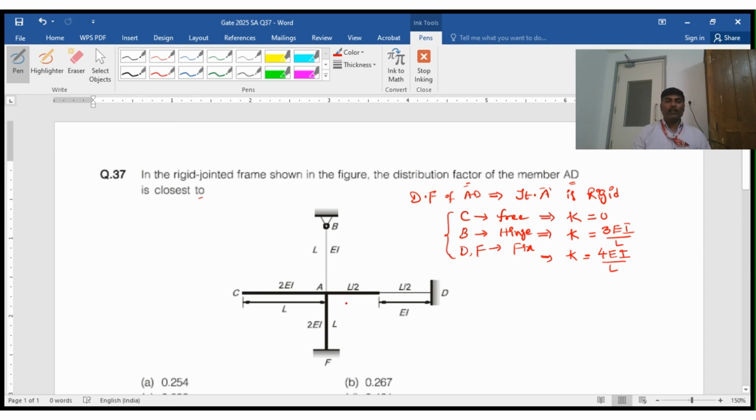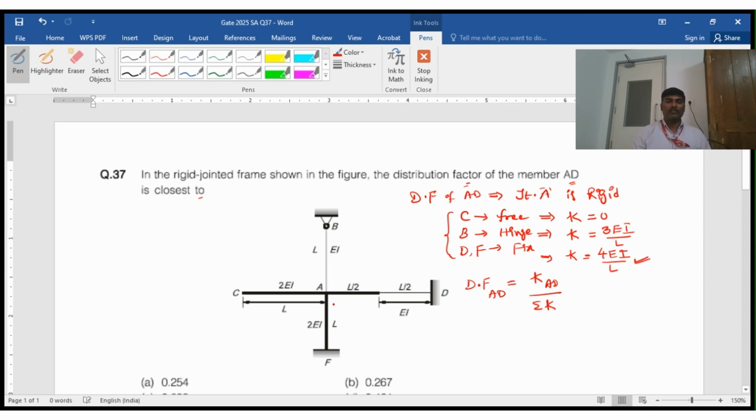Now let us go for the formula for calculating distribution factor. Stiffness of member AD divided by total stiffness of the joint A is the distribution factor of member AD. For stiffness of AD, you can see the end D is fixed, so I can use this formula.